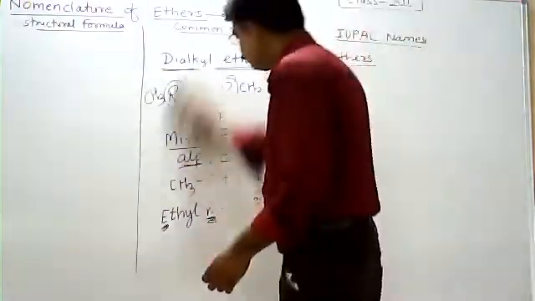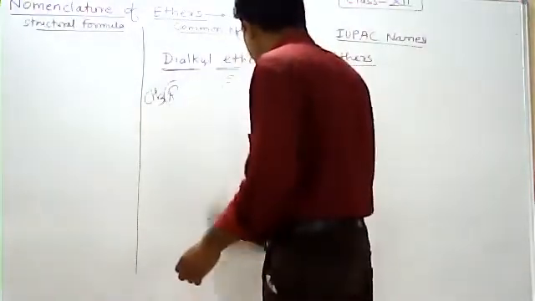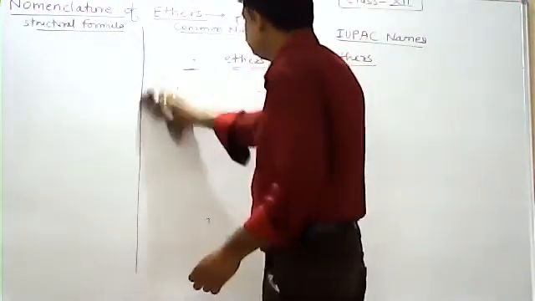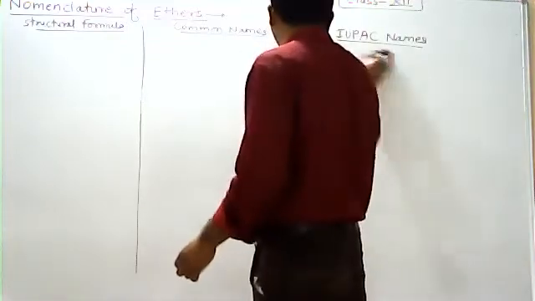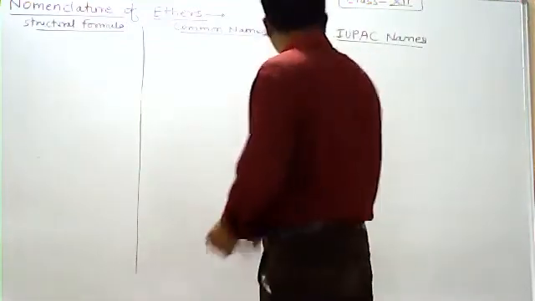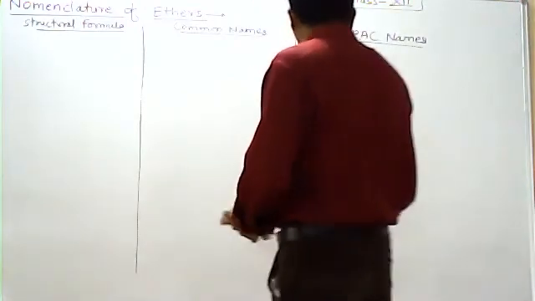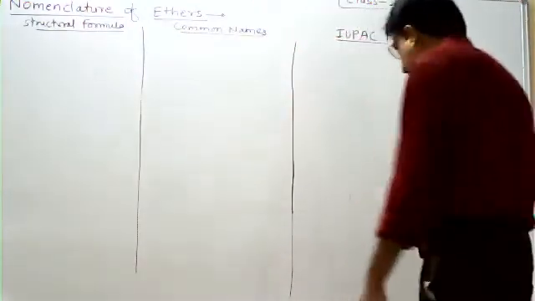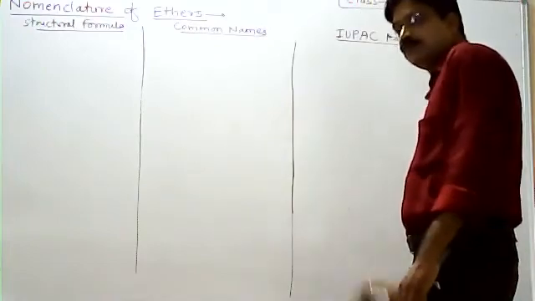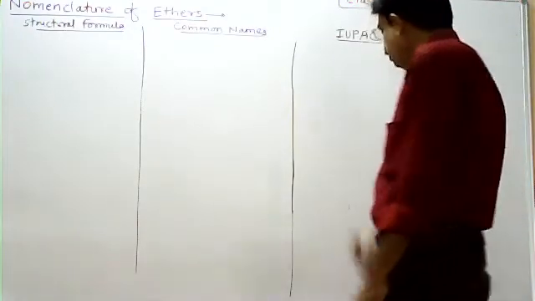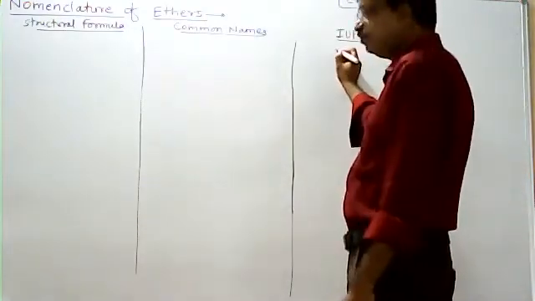We have discussed that. In the case of the IUPAC name, what is the rule? Tell me what is the rule in the case of the IUPAC name? We have discussed. Ethers can be named as, how do we give the name of an ether?